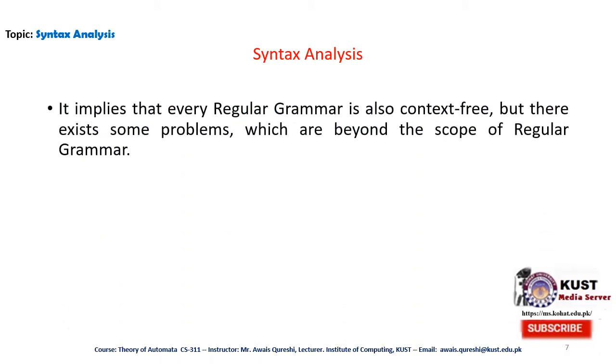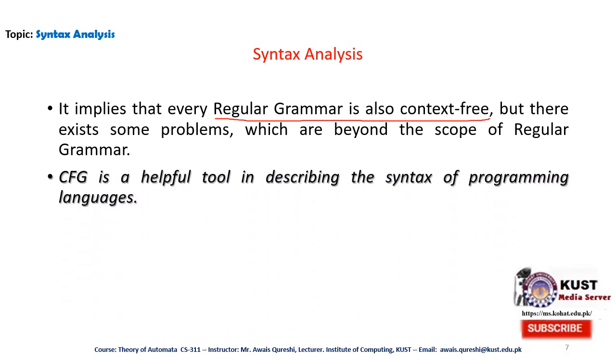It implies that every regular grammar is also context-free. Try to keep a note of this: regular grammar is also a context-free grammar, but there exist some problems which are beyond the scope of regular grammar. A CFG, or context-free grammar, is a helpful tool in describing the syntax of programming languages.